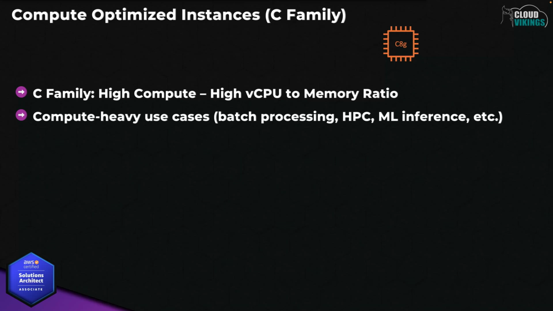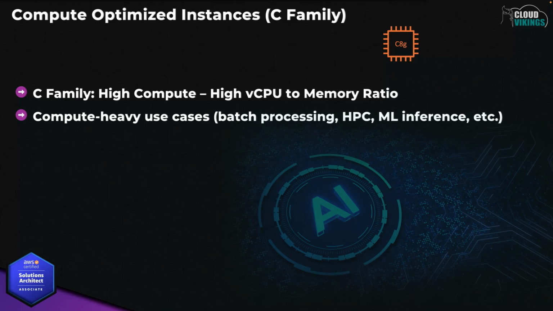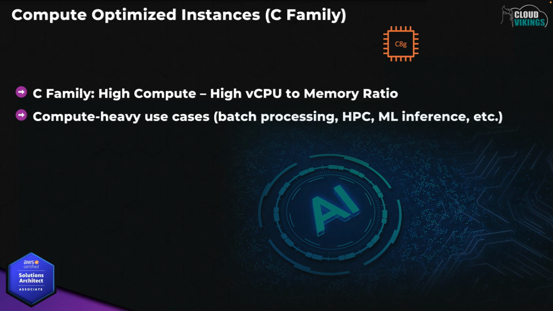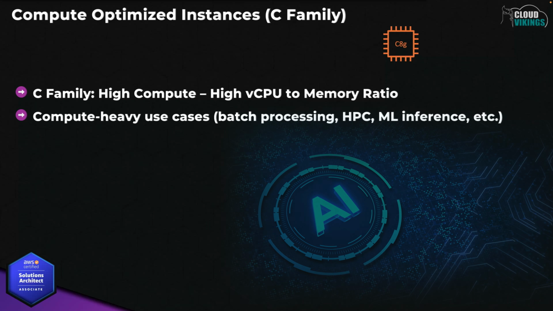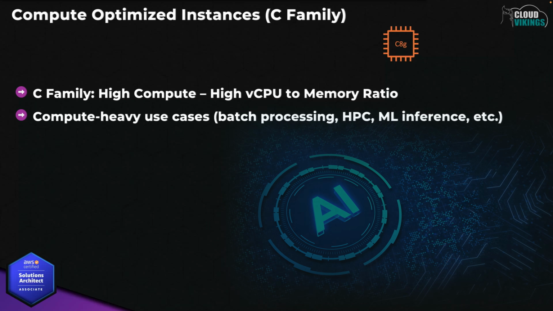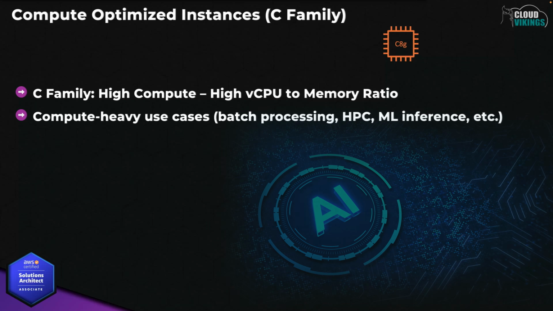They can also be a good fit for certain machine learning inference use cases. Inference is essentially the stage after you've trained an ML model and you're running the ML model itself. And this type of ML inference workload, especially if it's CPU-based inference, can be very compute intensive. So these C instances can handle that quite efficiently.